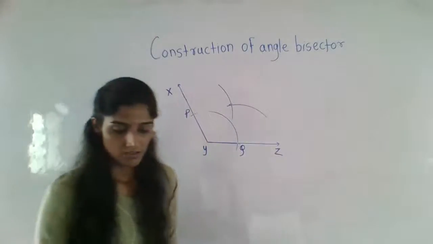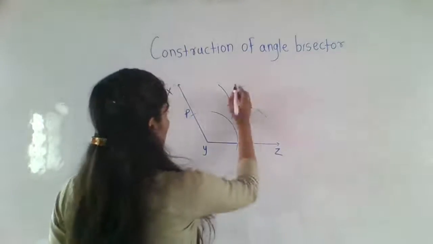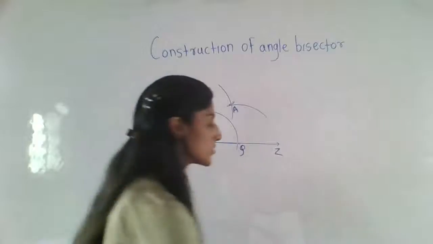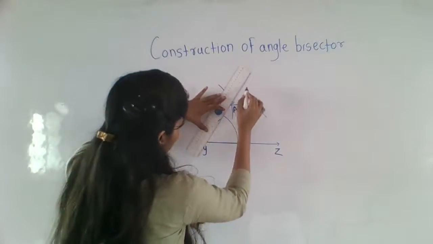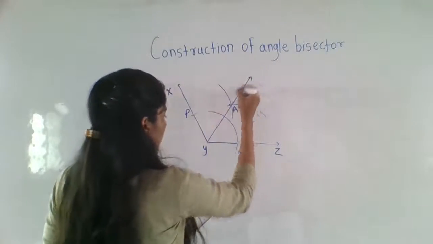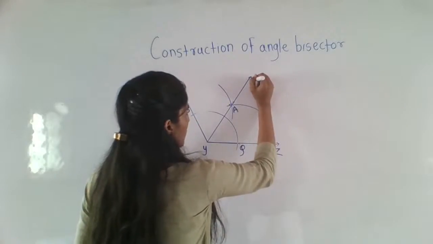See here. Now name the point of intersection as B and join this point of intersection and the vertex Y.